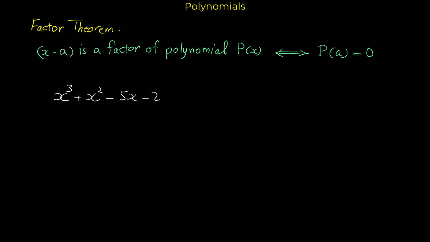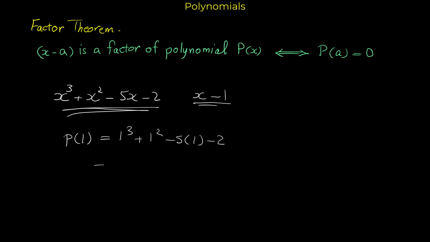So x minus 1 is a factor of this polynomial if p of 1 is 0. Otherwise, x minus 1 is not a factor of this polynomial. If we plug in 1 in this polynomial, we have this. By calculating this, it is 1 plus 1 minus 5 minus 2, and it equals negative 5. Is it equal to 0? No.